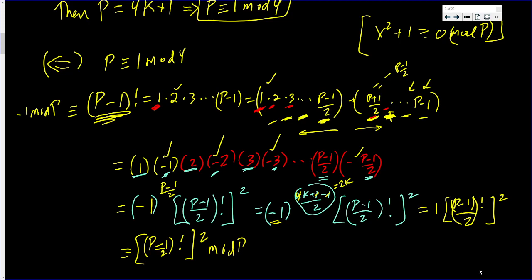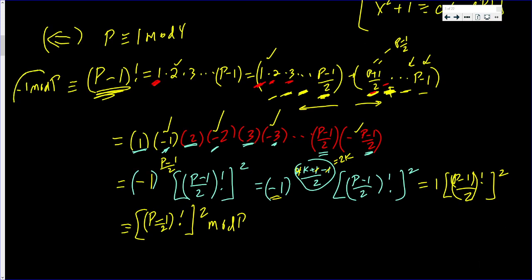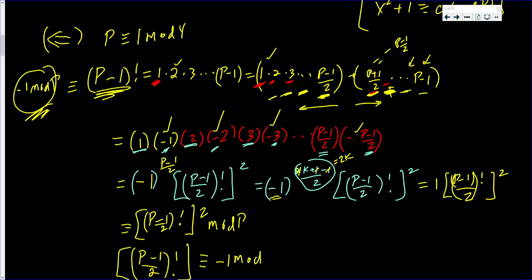So, combining all this, we have negative 1 is congruent to something squared. No, let me just say it slightly better. p minus 1 over 2 factorial squared is congruent to negative 1 mod p.